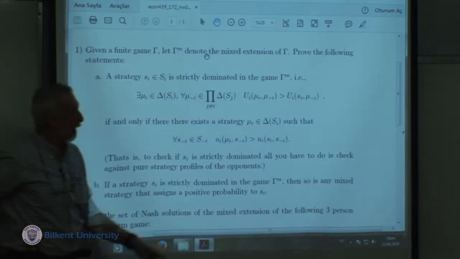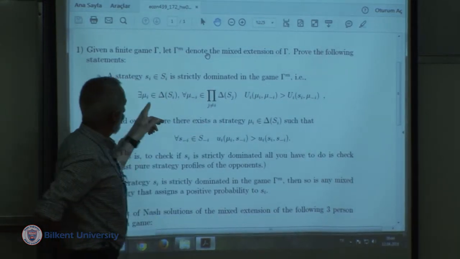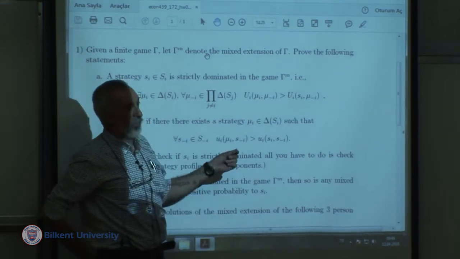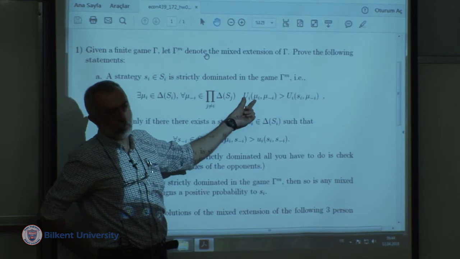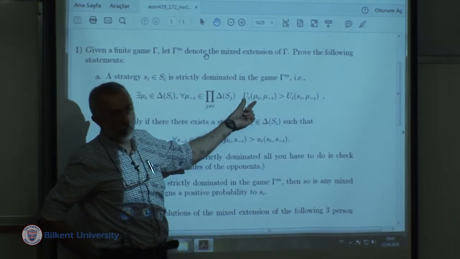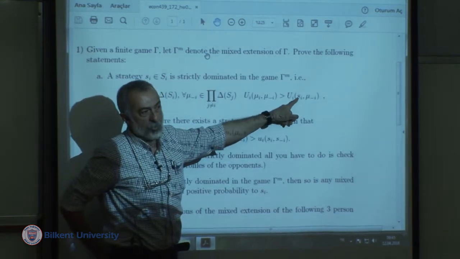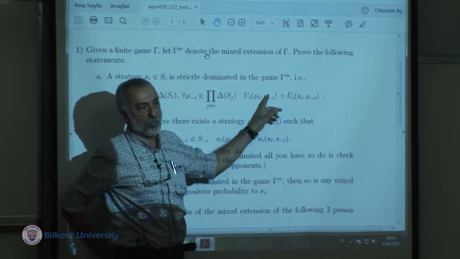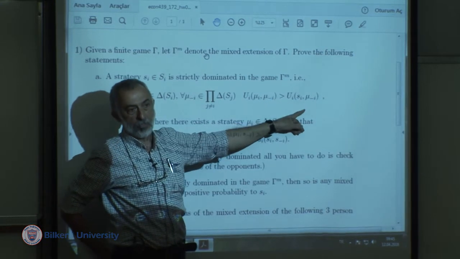So you have to check that there is a strategy of player I, mu I, which yields a higher expected payoff than Si does, no matter which mixed strategy profile the opponent plays, okay?